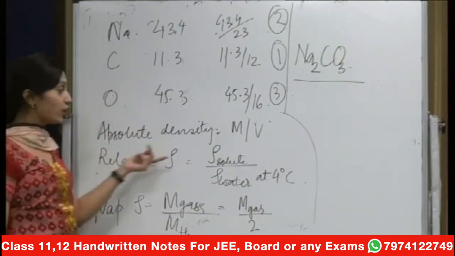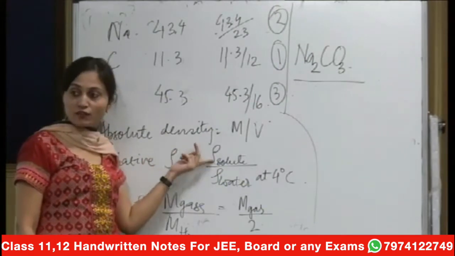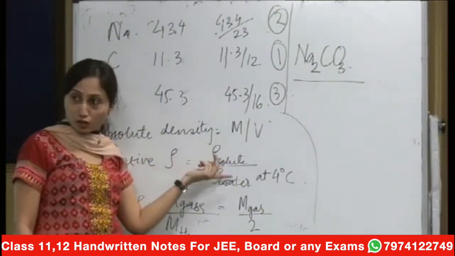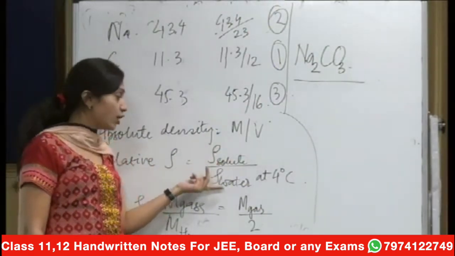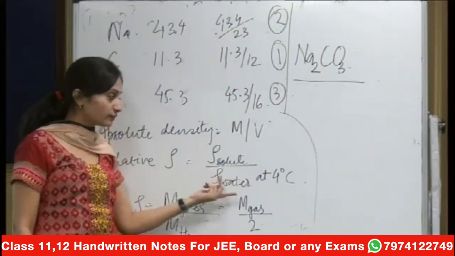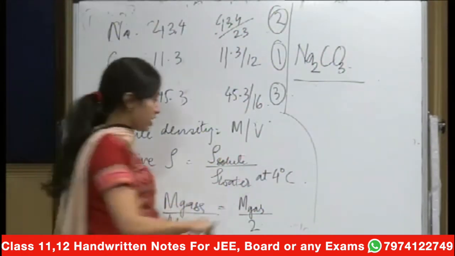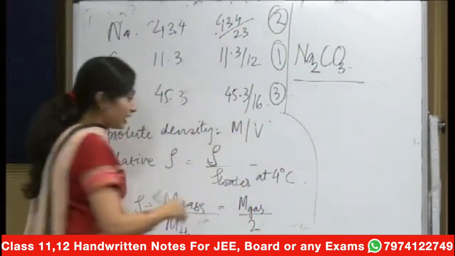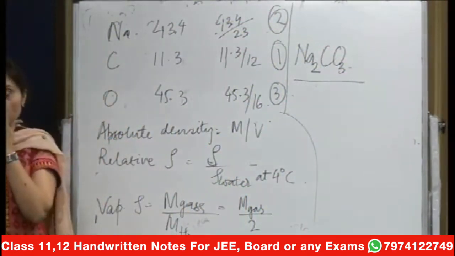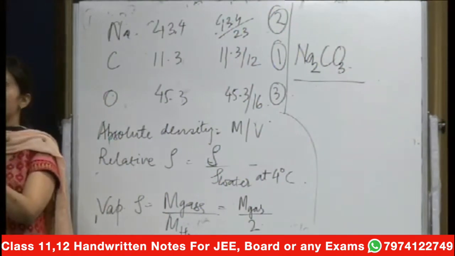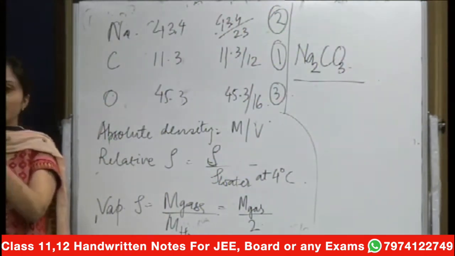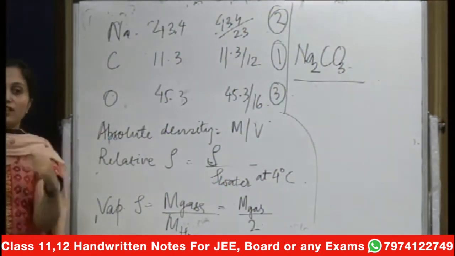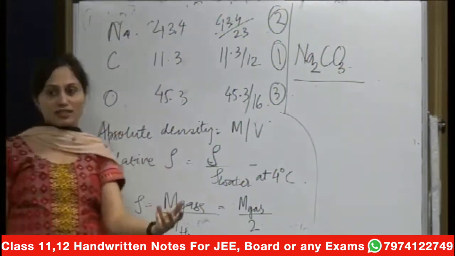Relative density is the ratio of the density of the solution or solute that you are talking about to the density of water at 4 degrees Celsius. So if you talk about the solution also, then you can talk about the relative density, that is the density of the solution upon density of water at 4 degrees Celsius. That's a simple ratio of the densities. Relative means you are comparing it with some density.